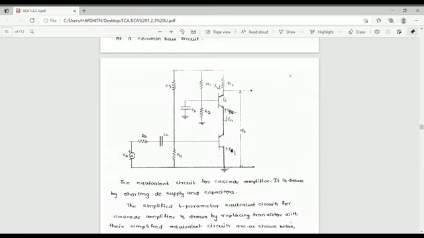This is the circuit diagram of the CE-CB cascode amplifier stages.